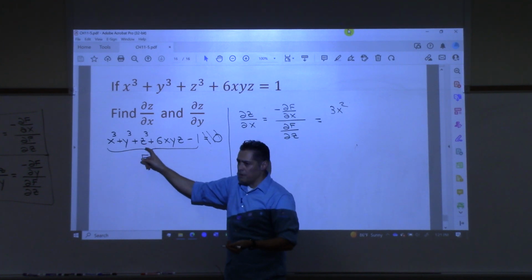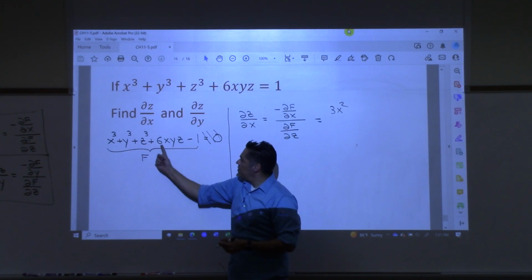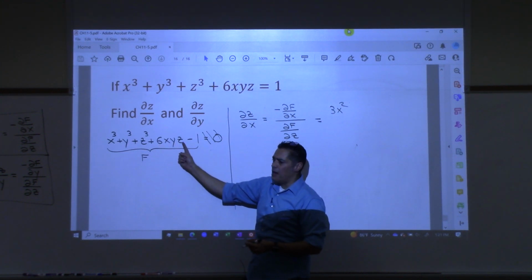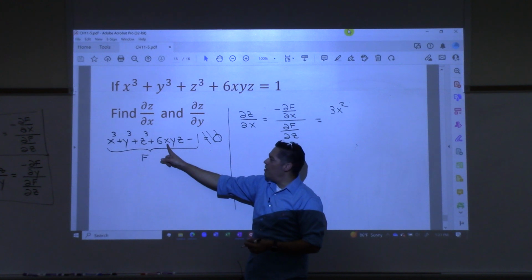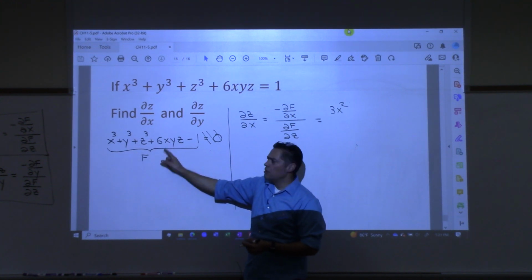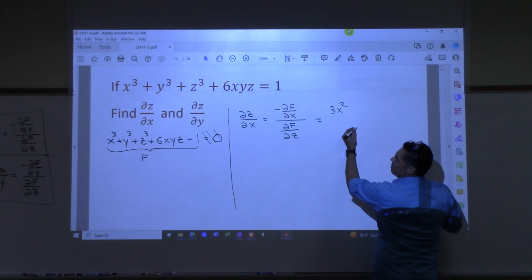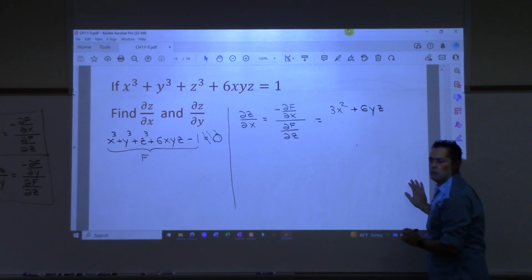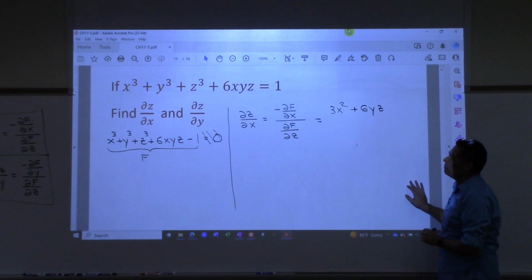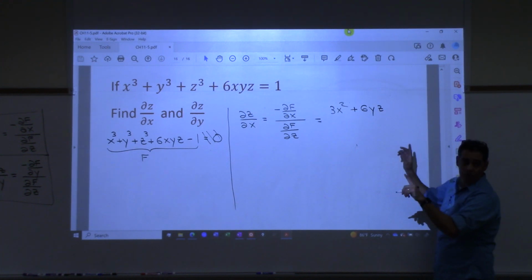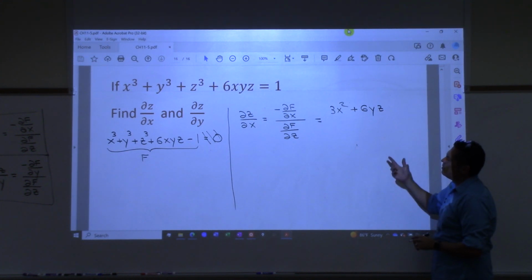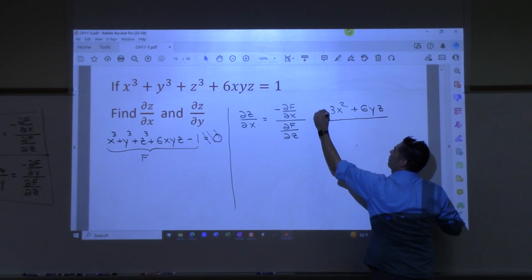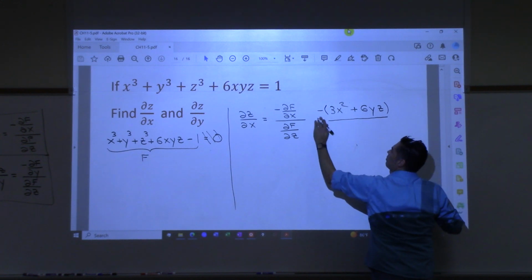Gone. This does not go away though. 6 is a constant, y is a constant, z is a constant, x is not. So what would I get there? 6yz. That's the derivative. You can put the negative out front or wherever you want, really. I'll put it up here. Didn't really give myself enough room for it, did I?